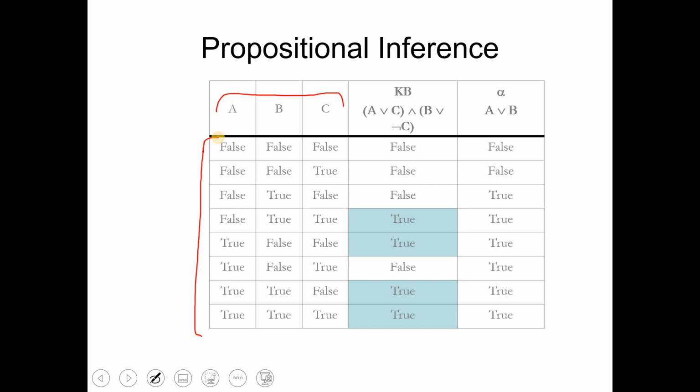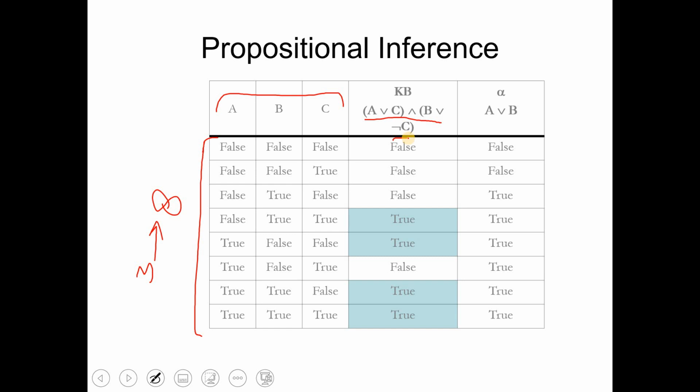For these values, the knowledge base has a sentence: (A or C) and (B or not C).